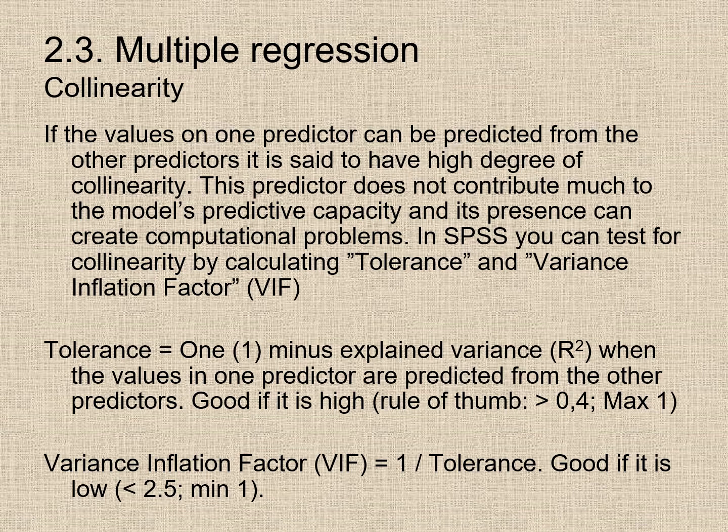What does it stand for? Well, what the program does, it predicts the values on medicine from the 2 other predictors, from therapy and age. So it conducts a regression analysis. It predicts values on medicine from therapy and age, and it calculates an R-square.